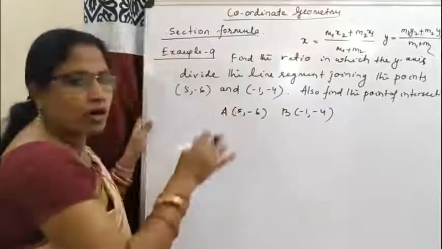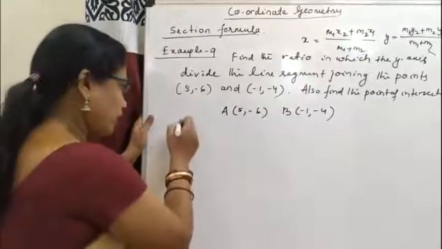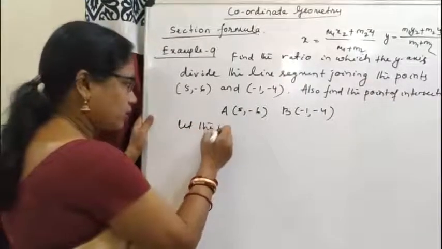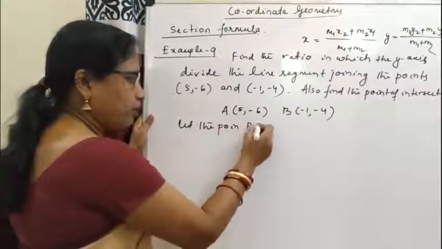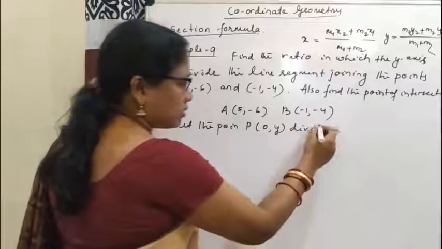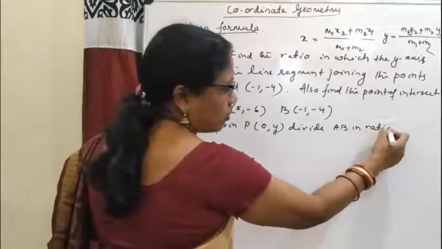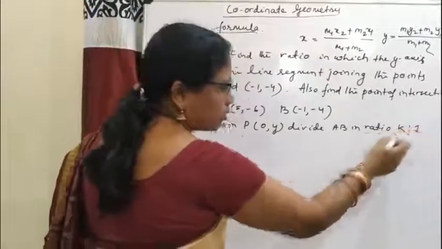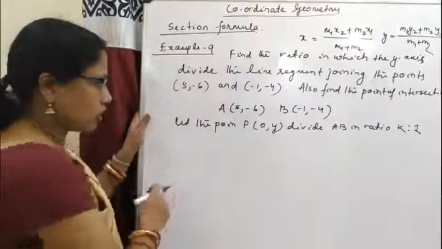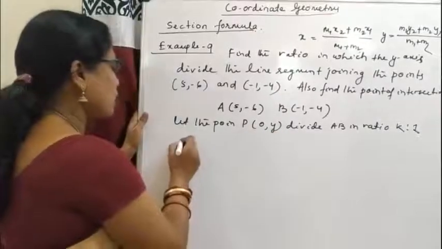The point on the y-axis means our x coordinate is 0. So let the point P 0, y divide AB in the ratio k is to 1. So we have to find y.